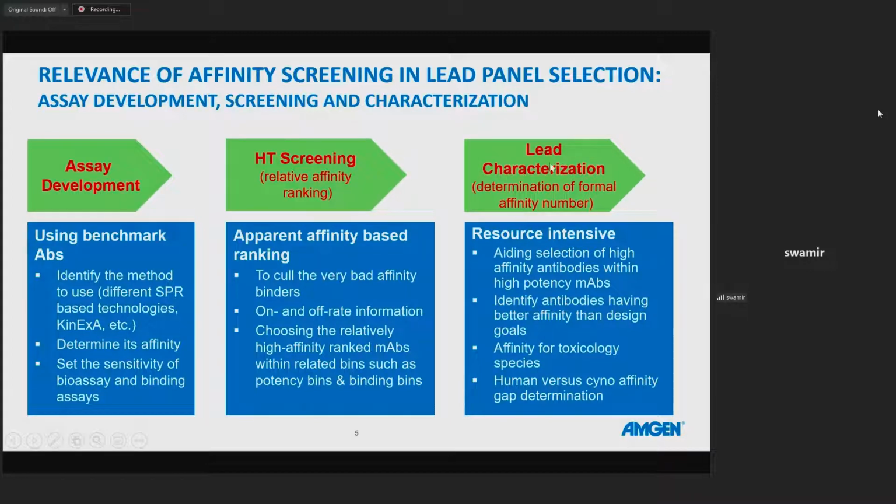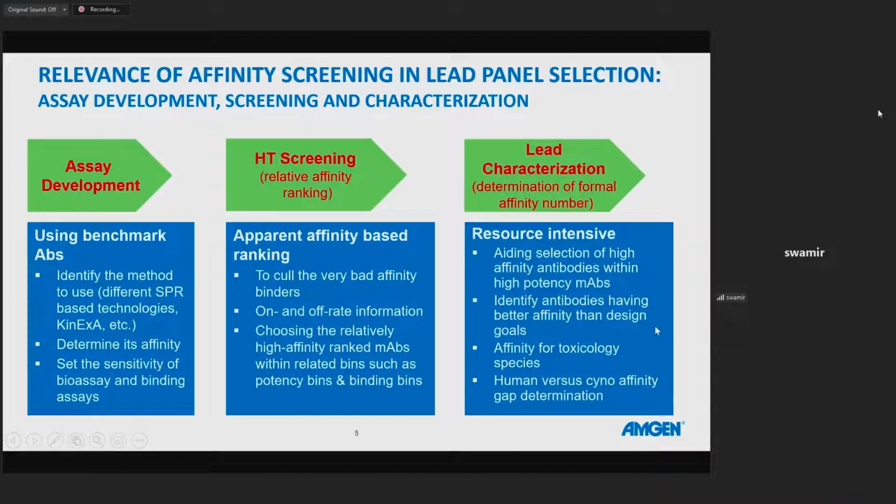At a later stage, affinities are used for lead characterization. In the lead characterization, it would be to determine the affinity number, what they are, and that would help us to select the antibody which is better than the design goal.